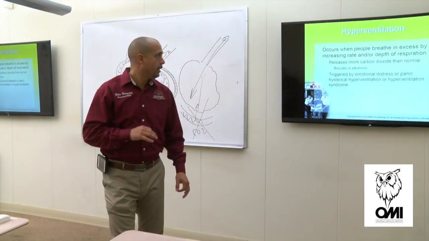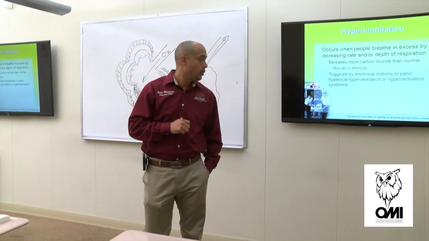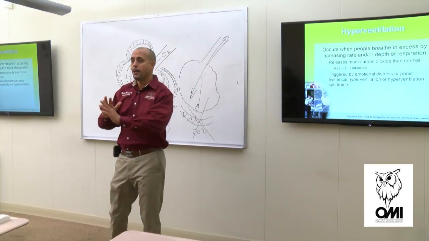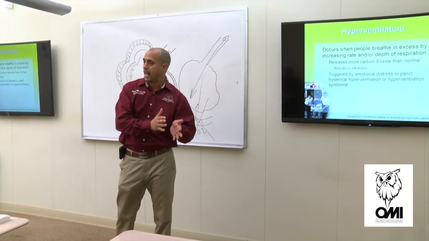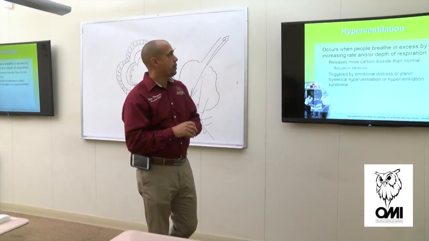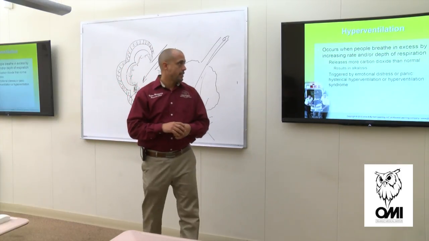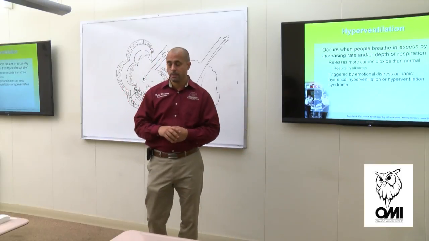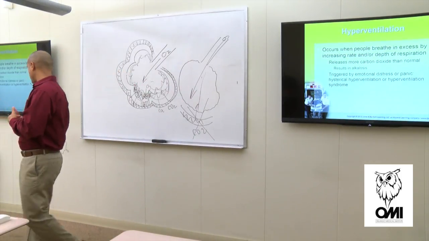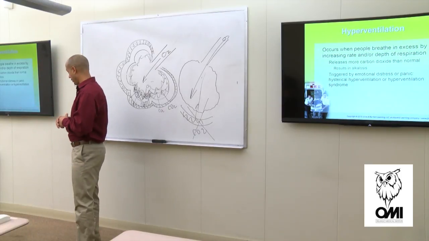Okay? Let's get into hyperventilation, which can be a problem as well. So what we notice so far is hypoventilation can create inadequacy. So can hyperventilation. Hyperventilation occurs when people are breathing excessively by increasing the rate and depth of respiration. The faster they breathe, the more they increase their depth of respiration, which makes them breathe even faster.